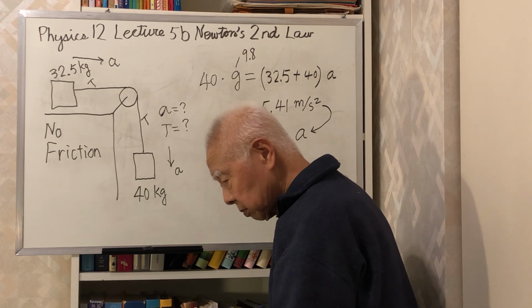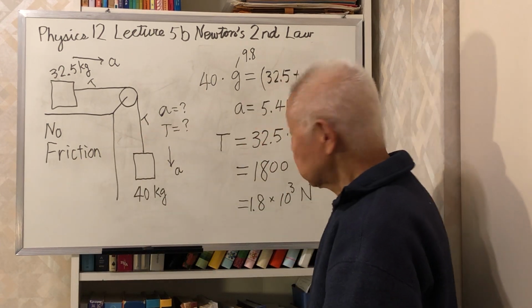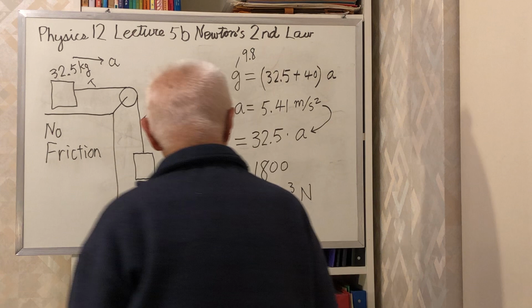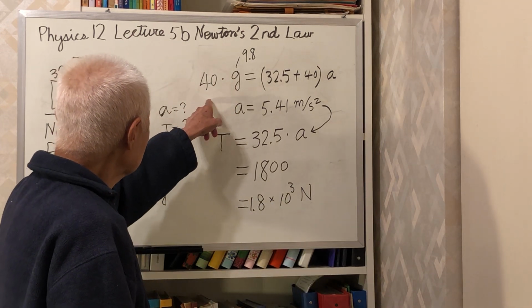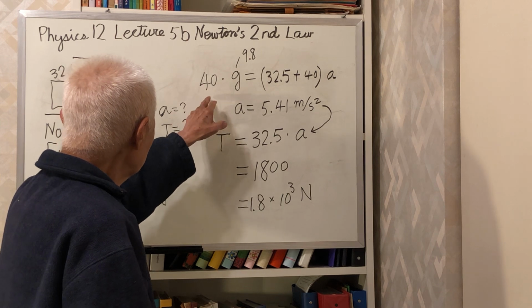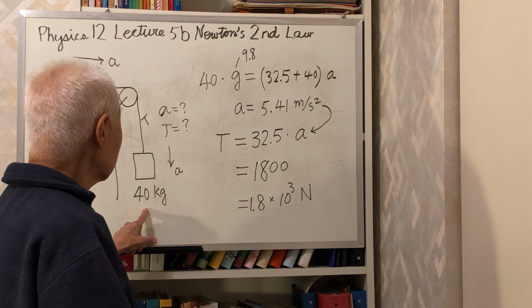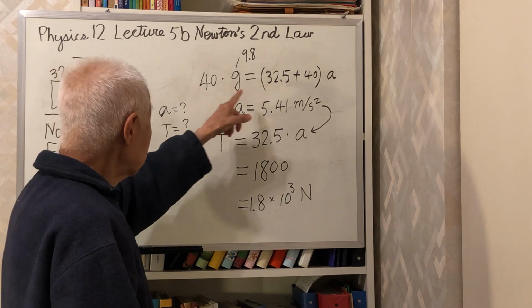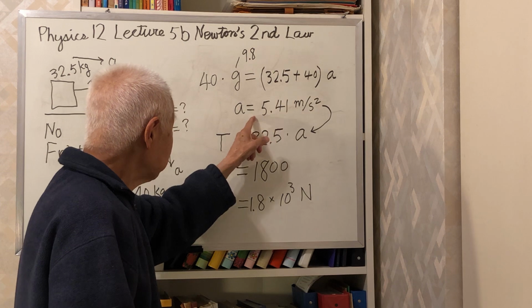All right, so this is the answer. Use this 40 times G as the external force, and this is the mass of the system. You find the acceleration.